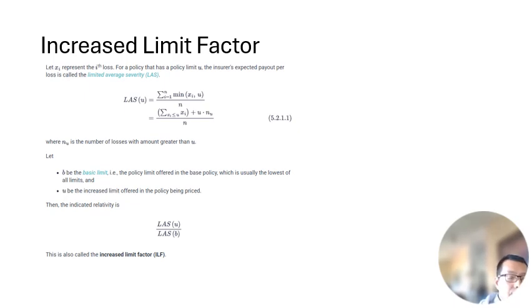Then by the definition of increased limit factor, the indicated severity or the limit factor is the limited average severity at μ over the limited average severity at B. This is called the increased limit factor.